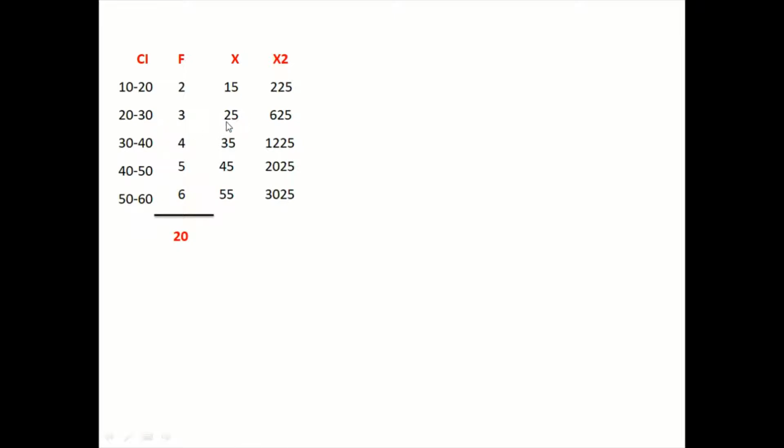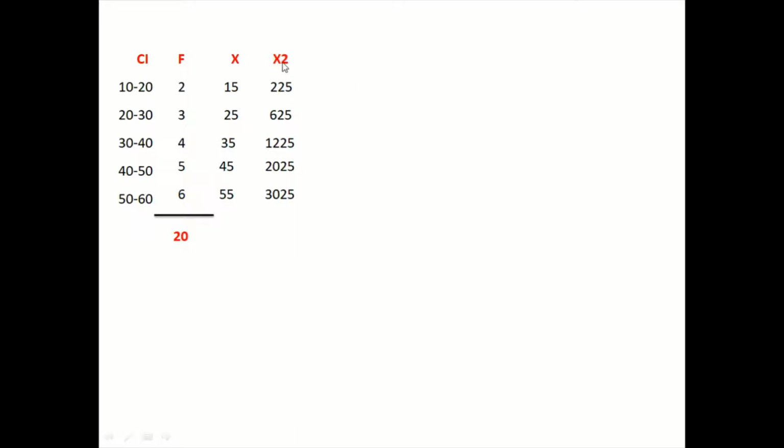So here you got it. 30 plus 40 is 70. 70 divided by 2 is 35. 40 plus 50 is 90. 90 divided by 2 is 45. 50 plus 60, the total is 110. 110 divided by 2 is 55. So here we have understood that to find the value of x, we have to find the midpoint of the lower and upper limit of the class interval.